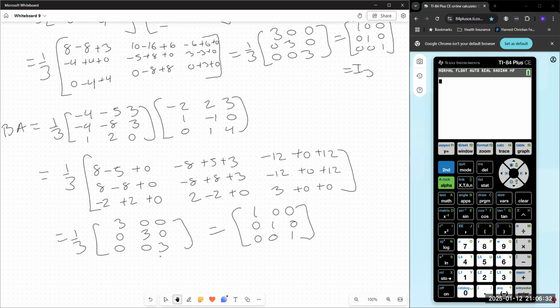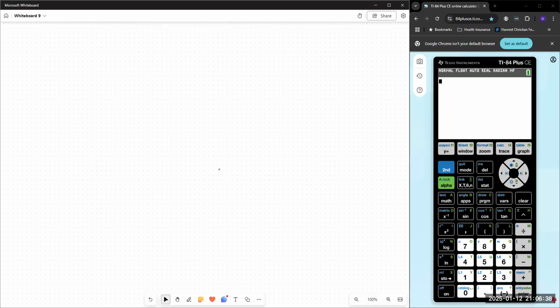All right, that was number 5. Let's go on now to number 13. Number 13 gives us a matrix A of [1, 1, 1; 3, 5, 4; 3, 6, 5] that we're supposed to augment with the identity matrix [1, 0, 0; 0, 1, 0; 0, 0, 1].